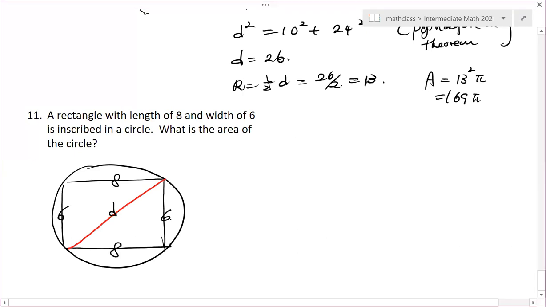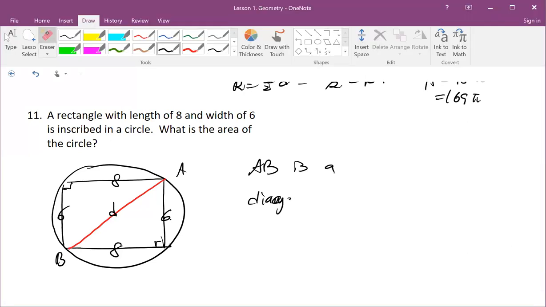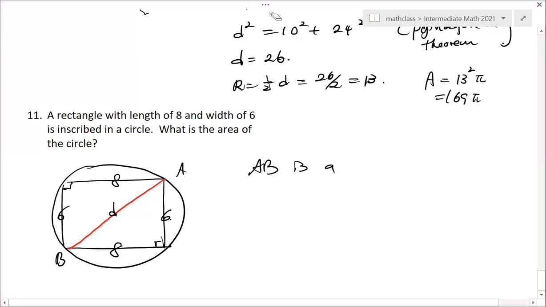Clearly this red line is going to be the diameter, because here's 90 degrees, 90 degrees. So AB is a diagonal. The diagonal of the rectangle is going to be the diameter.